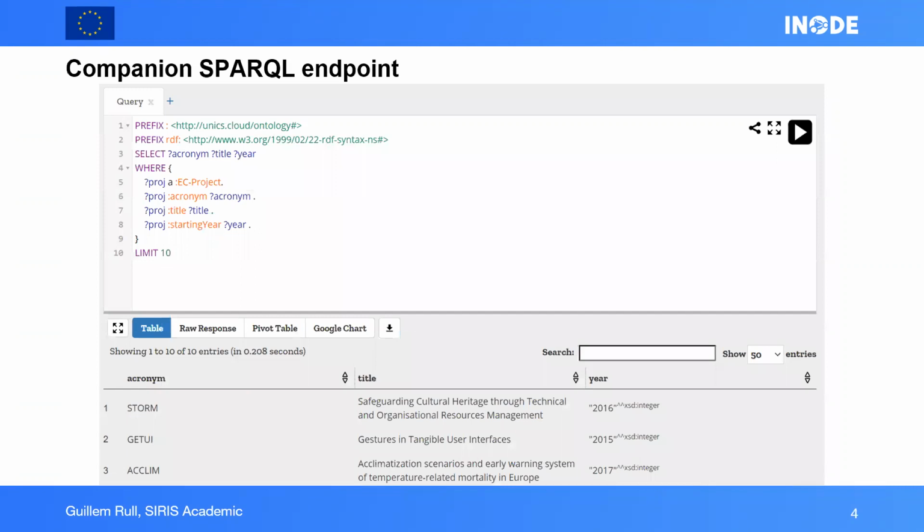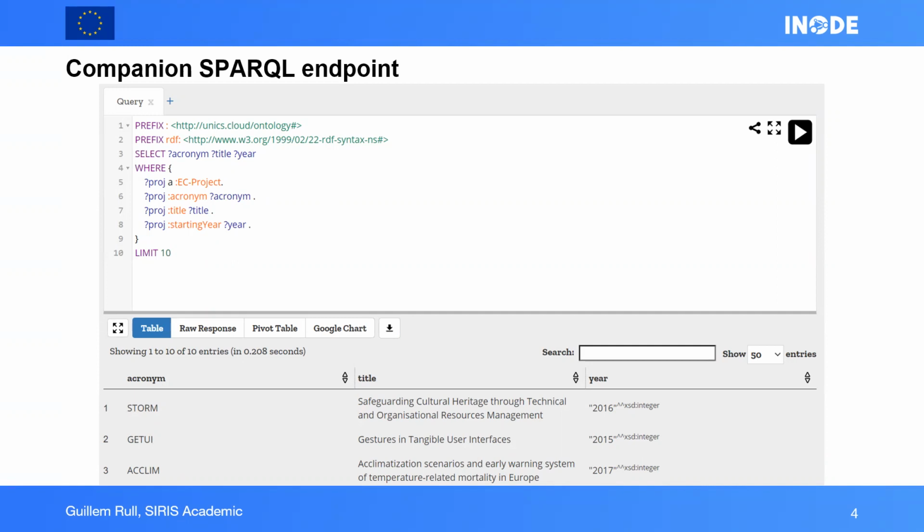So that's why normally we also provide, next to the monitoring tools, a companion SPARQL endpoint. This is basically just a text box where they can, in principle, write a SPARQL query asking for the data that they want that is behind these visualizations, and they get a table with the results that then they can export into a spreadsheet and analyze as they like.